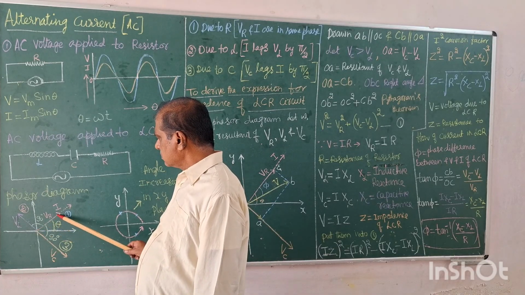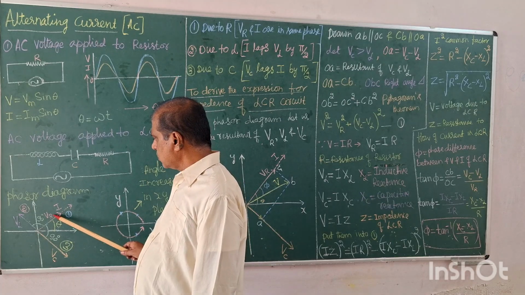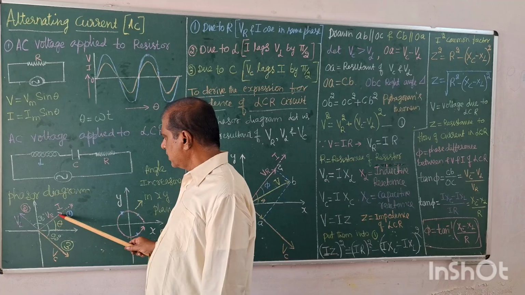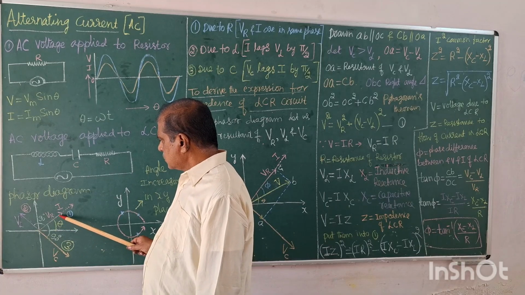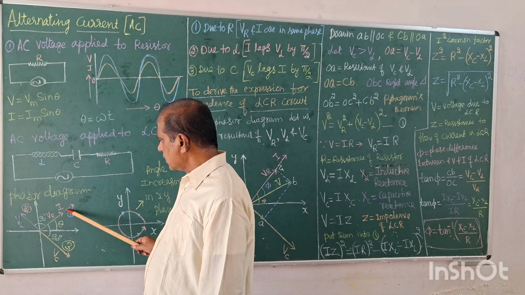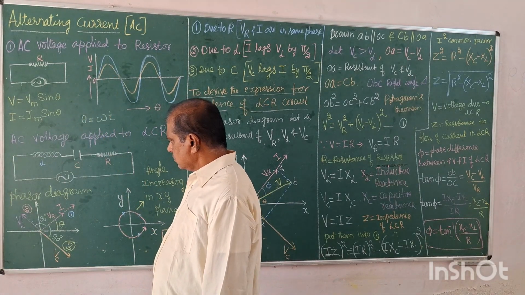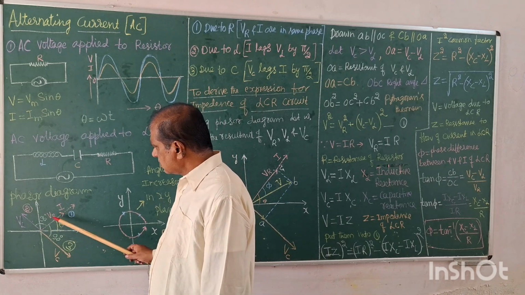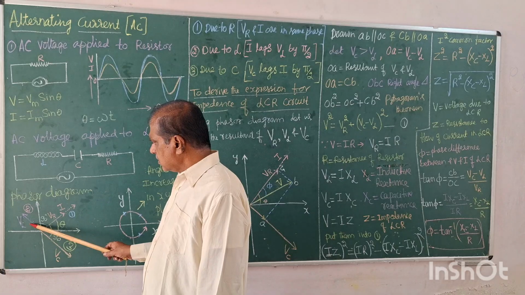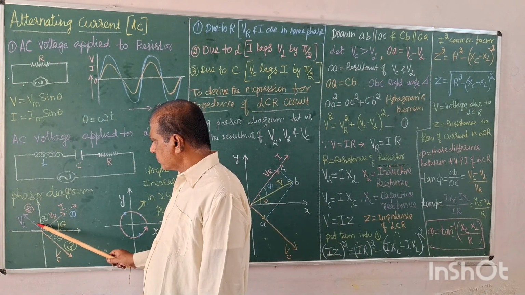With reference to this line, let us draw the lines of voltages. The solid line represents the voltage in the circuit, like this. It indicates there is no phase difference, no angle difference between these two lines; they are in the same phase. This is for the resistor circuit. And for the inductor, the voltage leads the current by 90 degrees, or pi by 2.